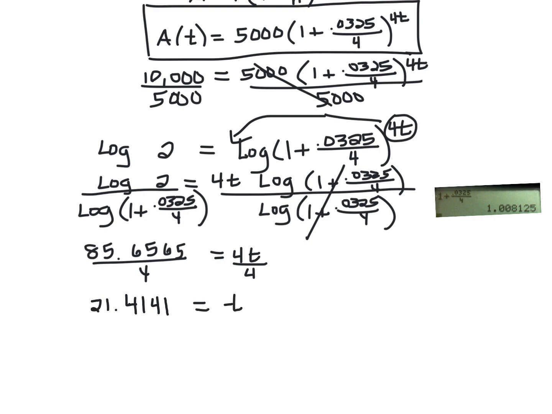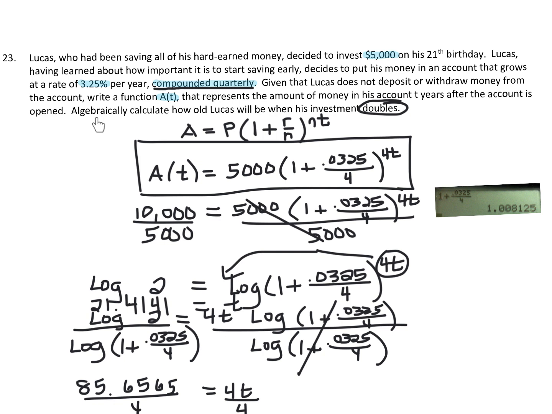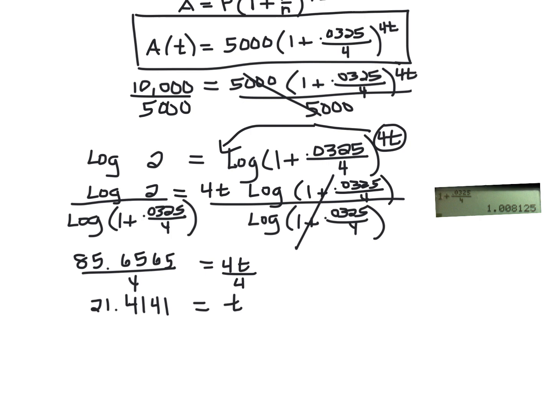Now, if you go back to the question, let me just move this back up here. It says algebraically calculate how old Lucas will be when his investment doubles. So he invested this on his 21st birthday. Okay, so we want to take 21 years, how old he was, and add on how many years it takes to double. Now, this right here, it happens within his 21st year of putting it in there.